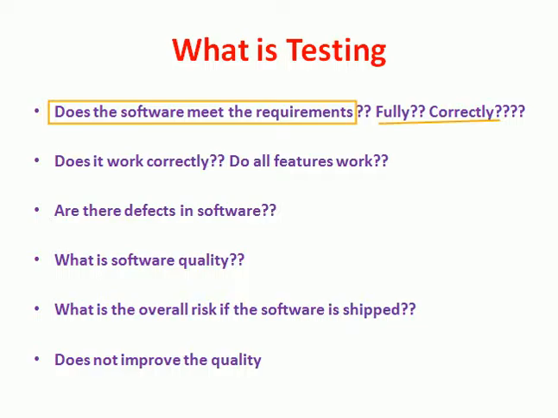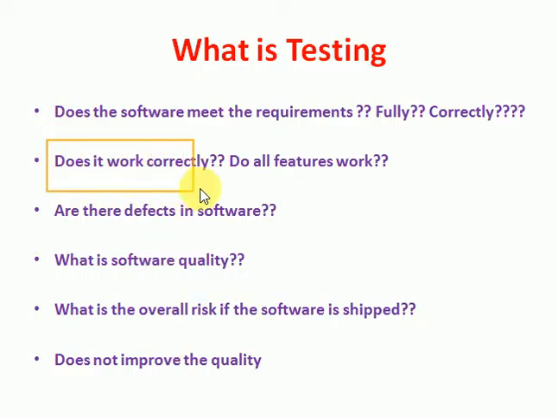That is the meaning of meeting the requirements fully. So the software does not have to just meet the requirements, it has to meet each and every part of the requirement. If you have a requirement which has a main section and subsections, the software has to meet the main requirement and each of the subsections also. Then we also try to find out the answer to the question, does the software meet the requirements correctly?